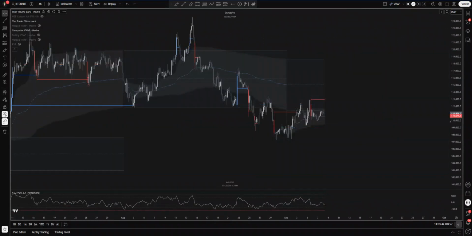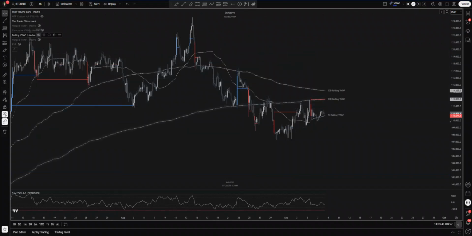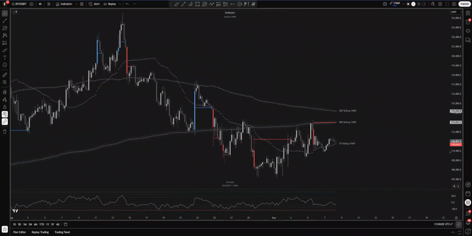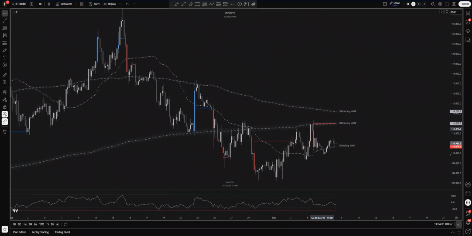Just gonna do it here. Yep, to the tick here, rejected the 90-day rolling VWAP, and now we are rotational within the 90-day and also the 7-day.